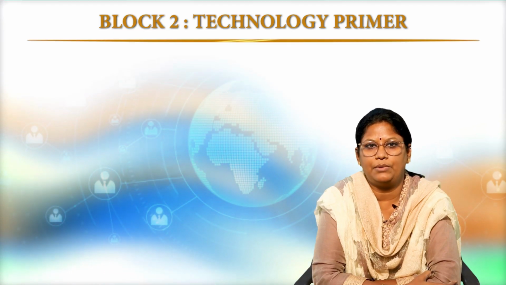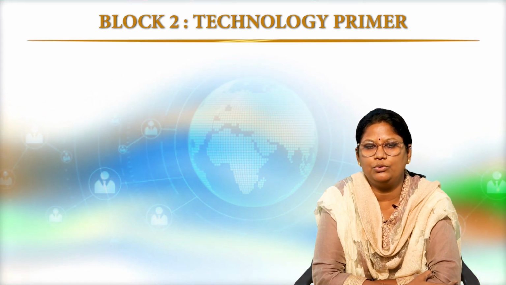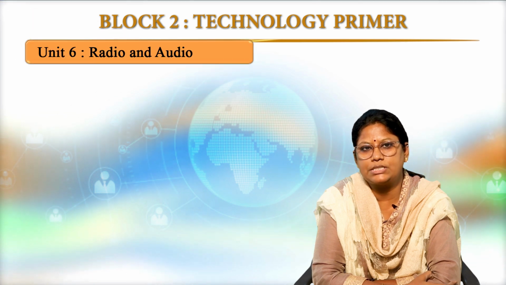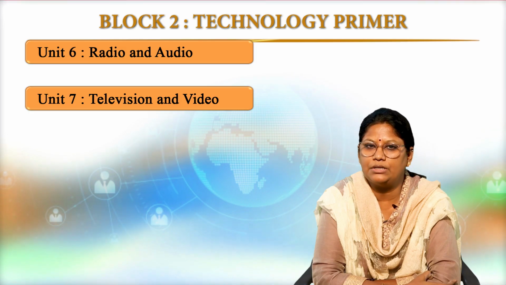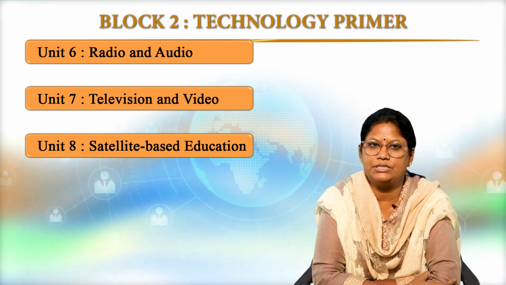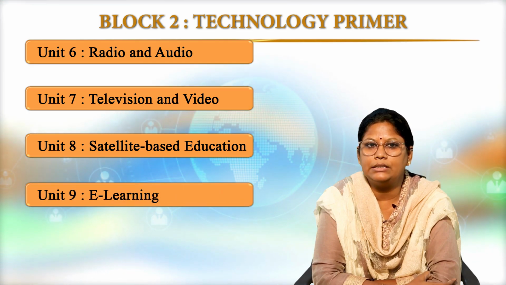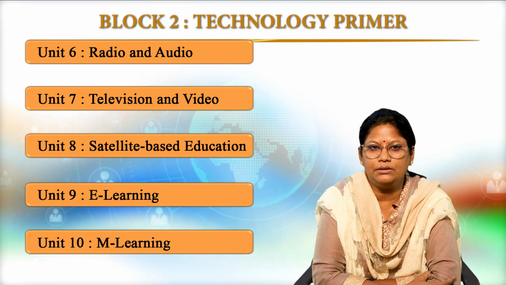So, what is covered in block 2? Let us see in detail so that it will be helpful for you to develop this activity. Block 2 is named technology primer. In this block there are 5 units. Unit 6 talks about radio and audio, Unit 7 talks about television and video, Unit 8 talks about satellite based education, e-learning is discussed in Unit 9 and m-learning is discussed in Unit 10.